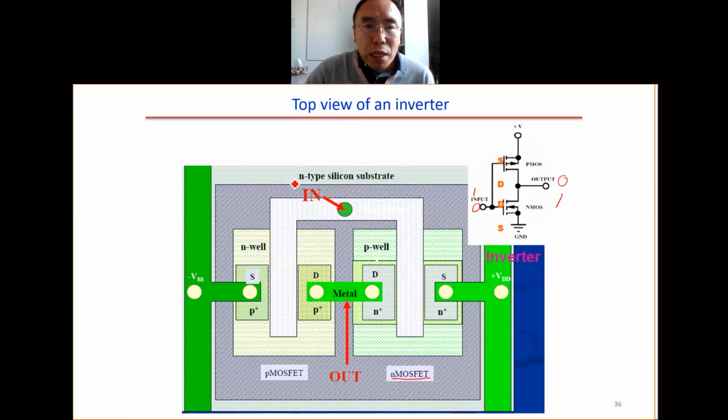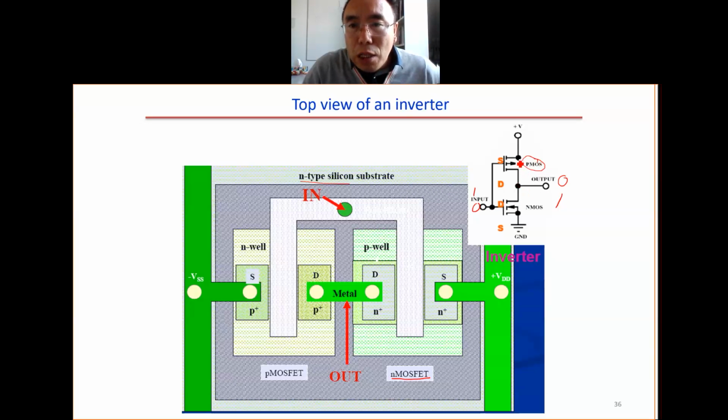We start here with N-type silicon, but in this slide we usually start with P-type silicon. If you are careful, you see there is some small mistake. For example, if we look at the output, this is the PMOS, right?